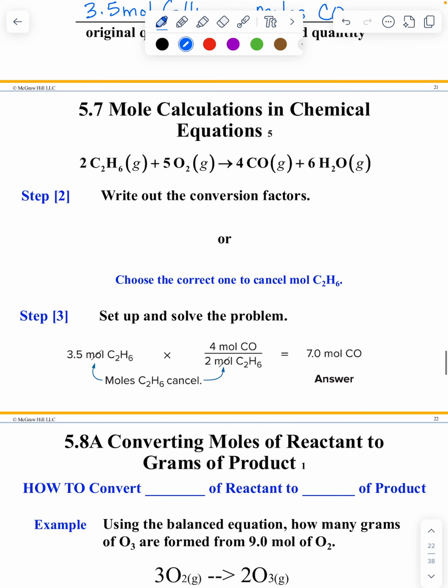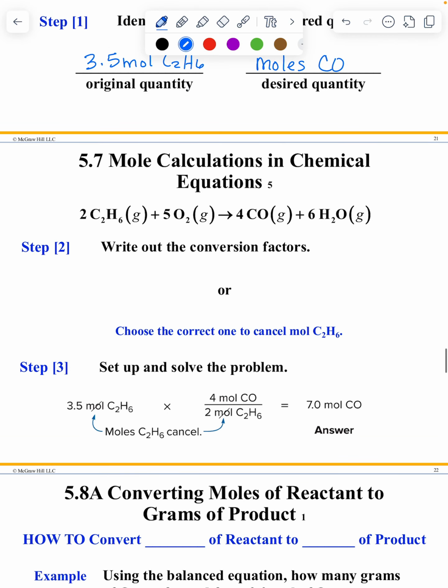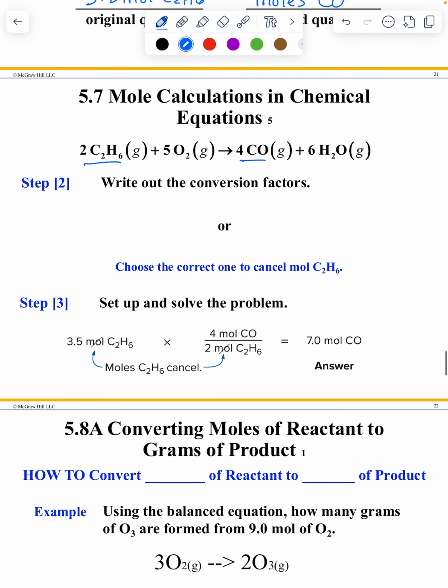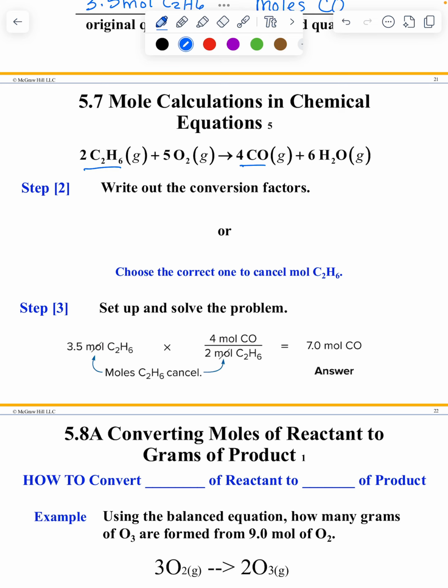So, according to the balanced equation, for every 2 moles of C2H6, there are 4 moles of carbon monoxide, or we can write it the other way, 4 CO over 2 C2H6. Again, we want to choose the correct one to cancel moles of C2H6 because that was our given quantity. And so we would choose the one that has that on the bottom. And so this would be our conversion factor.